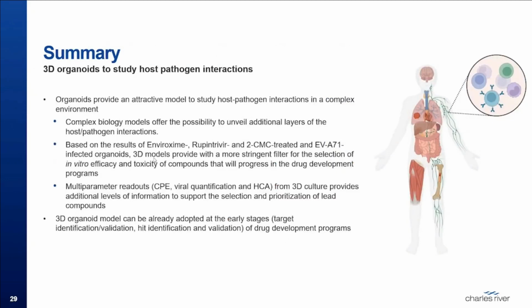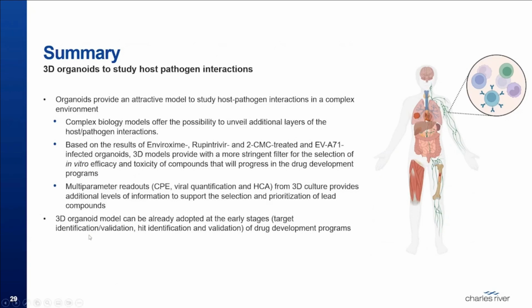So to summarize this part, what I've shown you is that the organoids provide a very attractive model to study host-pathogen interactions in a more complex environment, and also that the organoids provide a more selective barrier towards those compounds that, either because they don't have a good efficacy or they are not safe enough, can be picked up by using the organoids already early on in a drug discovery program.